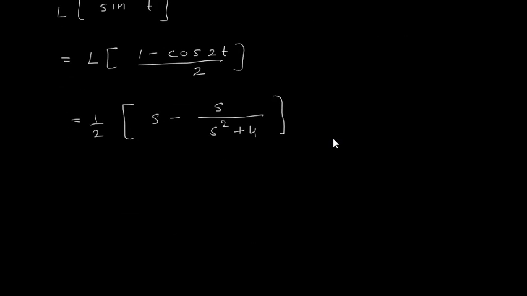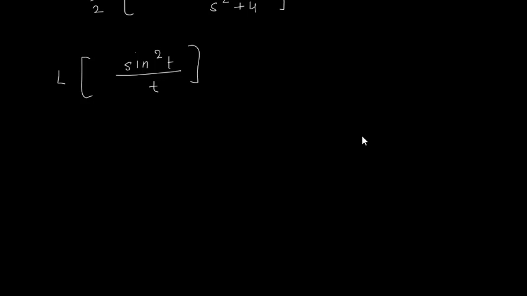Now I will find Laplace of sin square t divided by t. So Laplace of sin square t divided by t will be equal to the integral from s to infinity. This 1 by 2 I will take out. Here, integration of (1 upon s minus s upon s square plus 4) into ds.